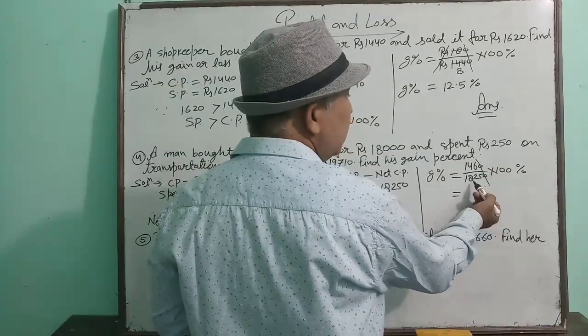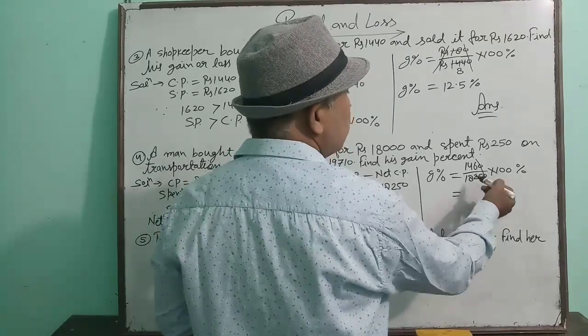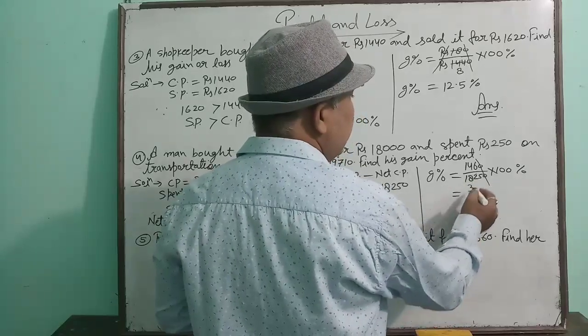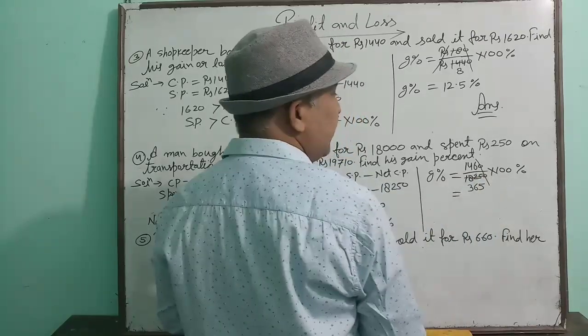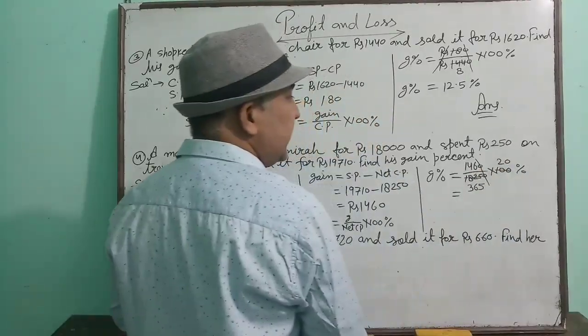Now you can see that this 1,825 and this 100 both are divisible by 5. So divide it. 5 into 3 15, 5 into 6 30, 5 into 5 25. Again this number is divided by 5, so you will get 20.